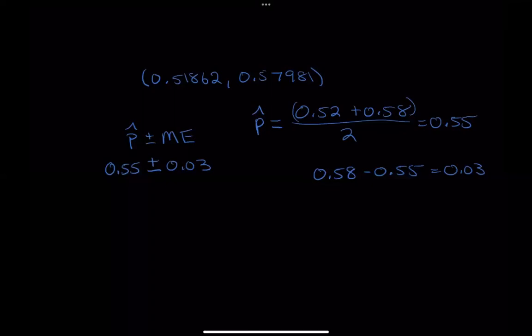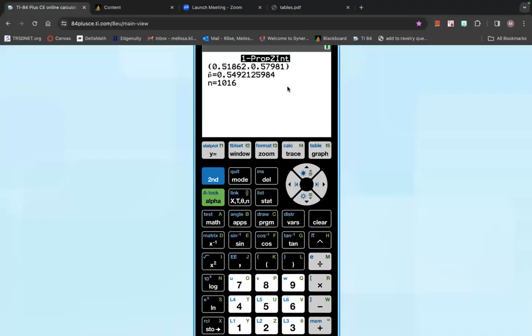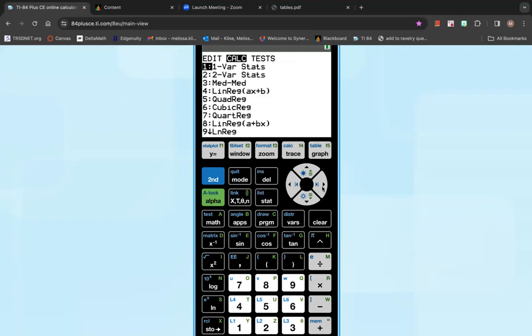Could you go back to the other screen so I could see which selection? It was 1-PropZInt. Yes, 1-PropZInt. So it's stat, go over to tests, and then down to letter A. 1-PropZInt, one proportion Z interval is what it stands for.